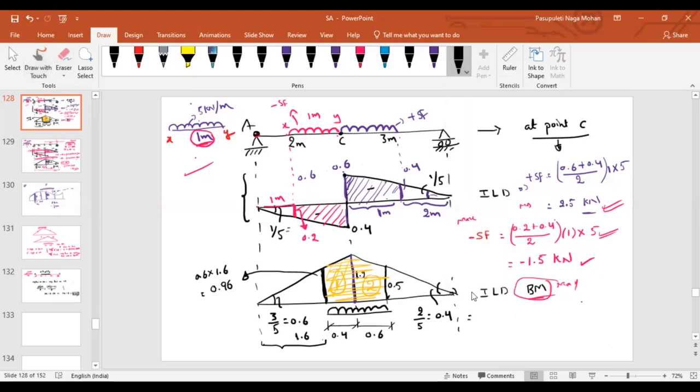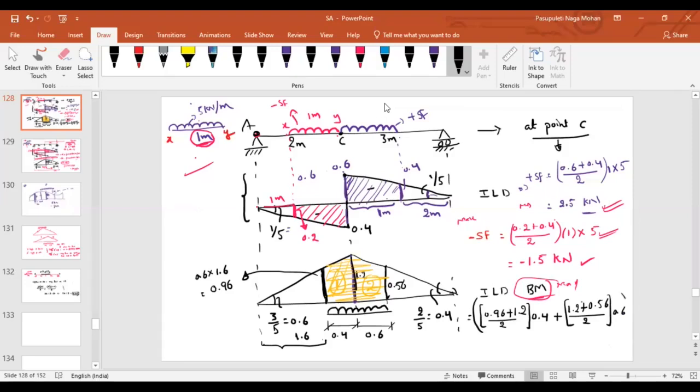That will be equal to, what is the ordinate here? 0.96 plus whatever the ordinate here, 1.2, by 2 into how much? 0.4, plus the area of the second trapezoid. Ordinate is 1.2 plus this ordinate 0.56, divided by 2 times the length 0.6.